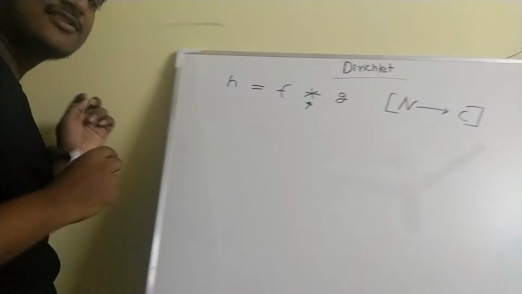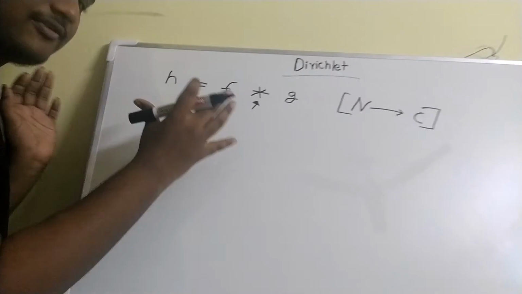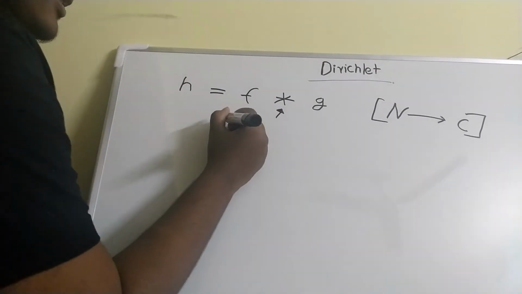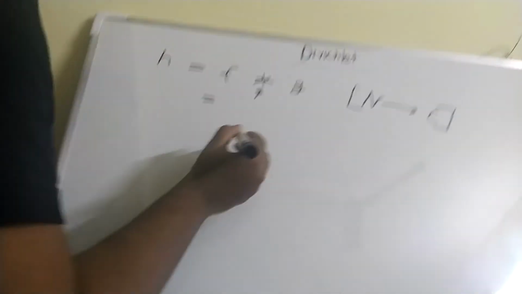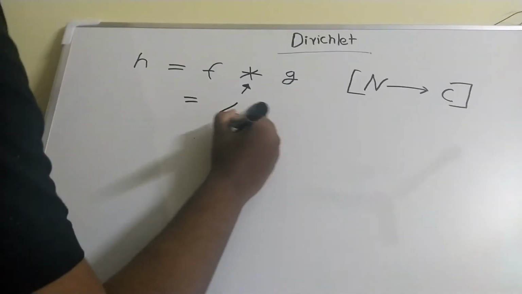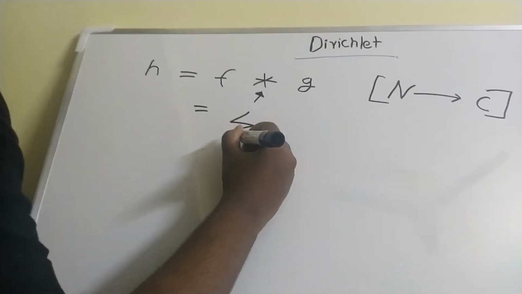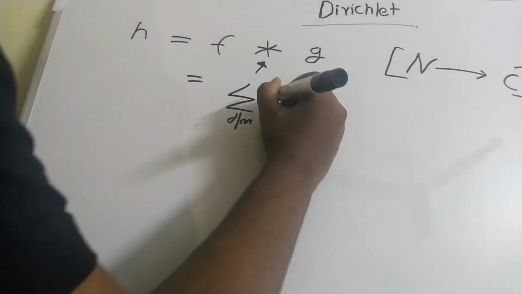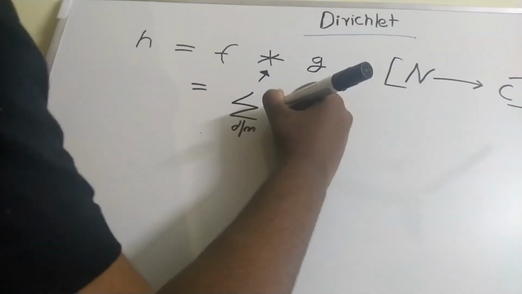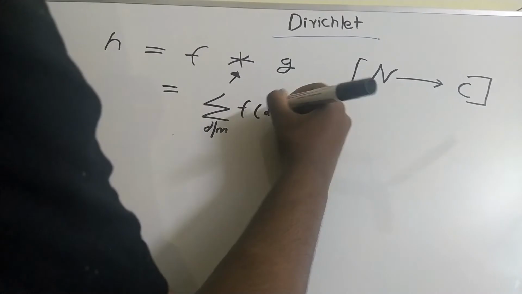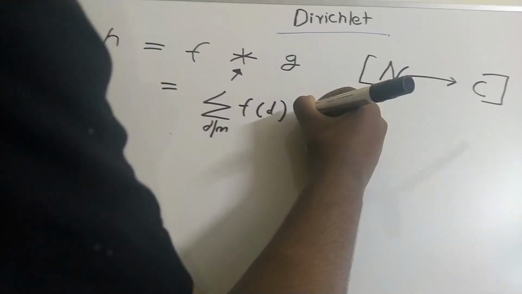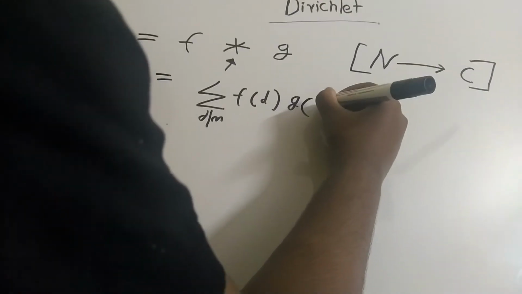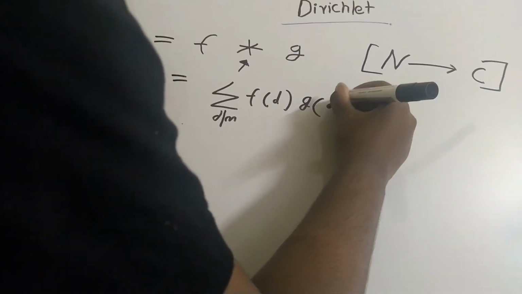Okay, that's rather interesting. But how do you define it? This is equal to sigma, as it's usually written, d divides n. I will explain this. f of d times g of n by d.